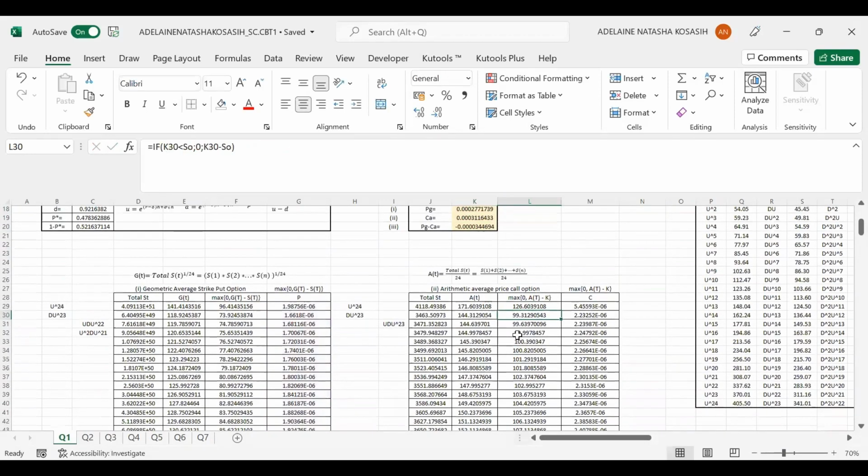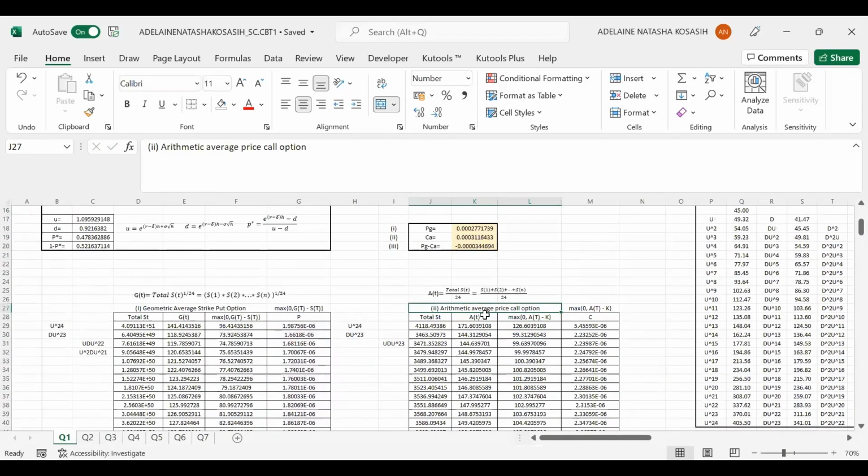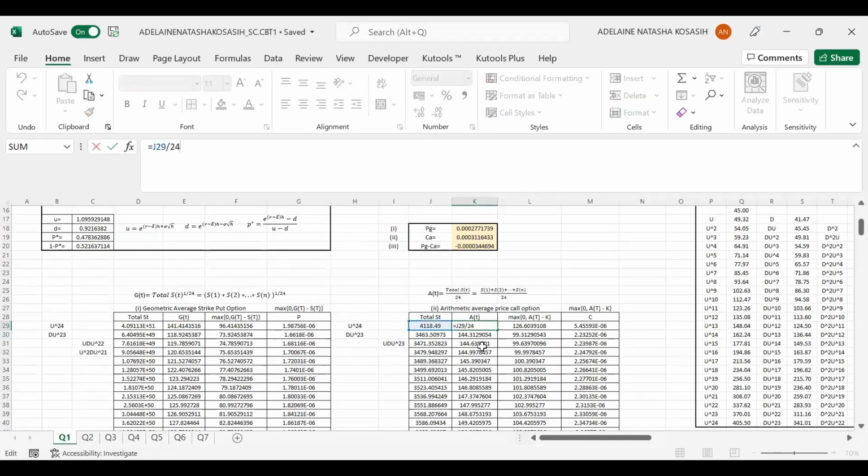And then for the second one, arithmetic average price call option, this is actually the same, but for total ST, you have to plus all the possible paths. Here you have to use sum, not product, because this one is arithmetic. And then for the AT, you can just use the total ST over 24, which is the period.